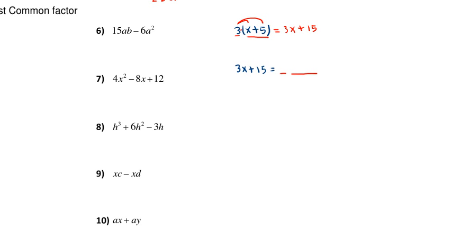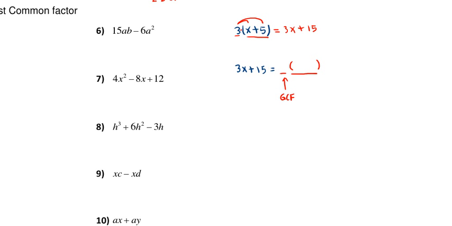Here goes the parentheses, and what goes outside the parentheses is the GCF. That is how we use the GCF. So what we need to do is find the GCF between these two quantities. What do they have in common?